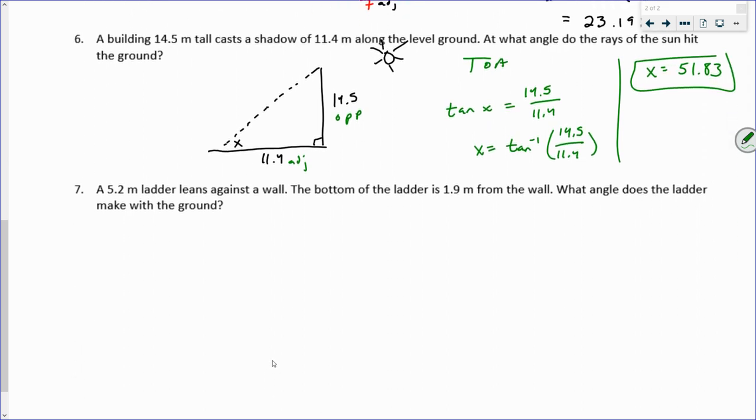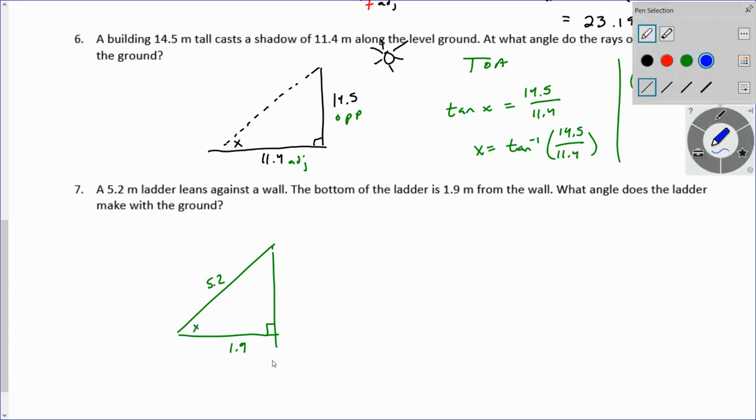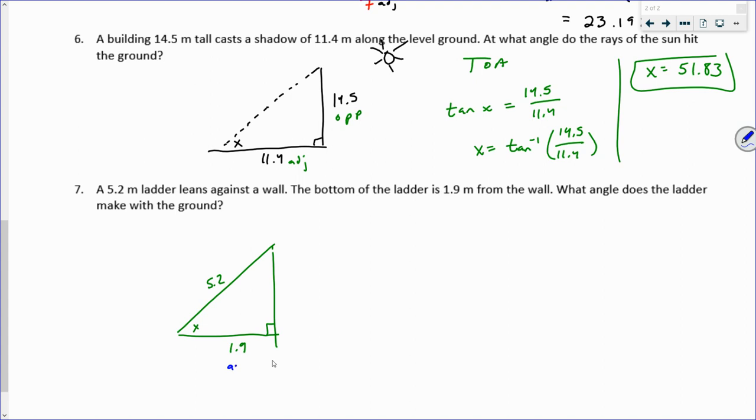One last one. 5.2 meter ladder. Bottom of the ladder is 1.9 meters away from the wall. What angle does it make with the ground? So we've got adjacent over hypotenuse. This is going to scream cosine.